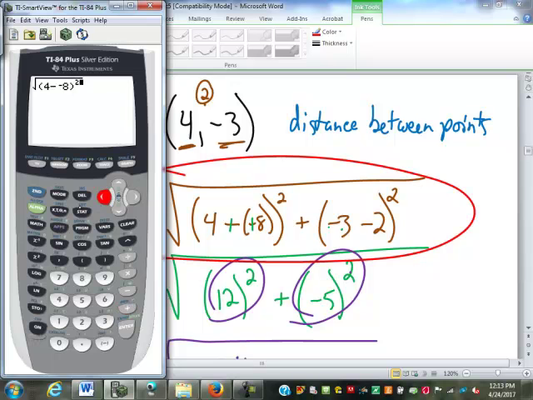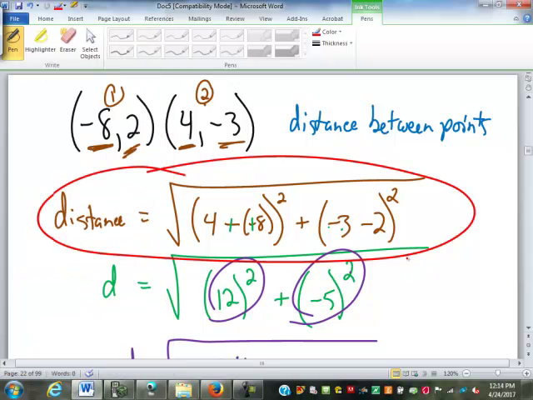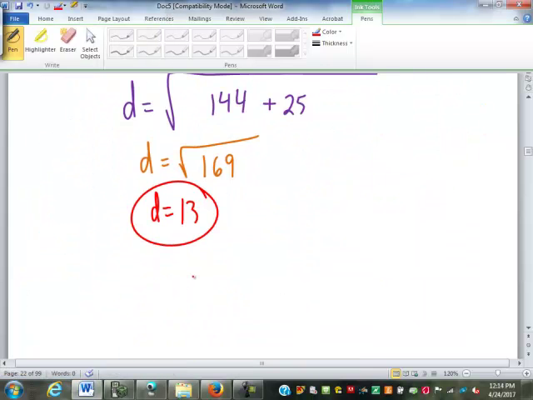You don't want that. So if you're up in the exponent like that, you may have to hit the right arrow or down arrow to get out of the power. Plus, and then open parentheses, -3 minus 2, close my parentheses, squared. And then again, if you had just that little square root symbol up front, you'd have to close the parentheses again. Hit enter. And I get 13, which is what we calculated out doing it all by hand.